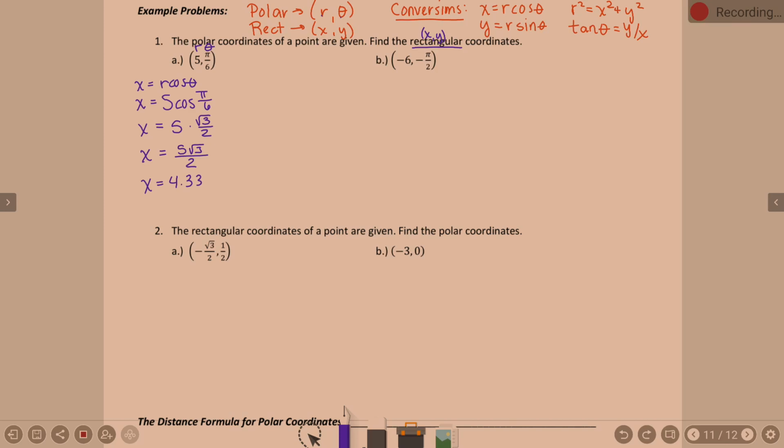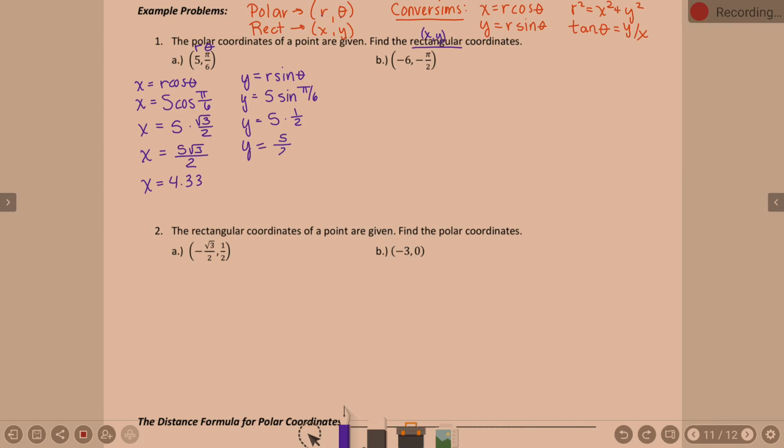What about y? Y equals r sine theta. So y equals 5 times sine of pi over 6. What is the sine of pi over 6? 1/2. 5 times 1/2.